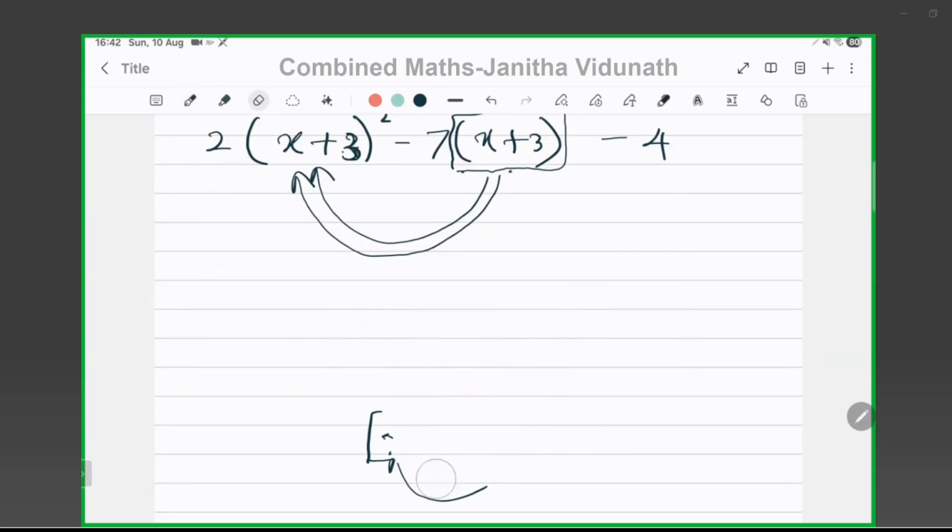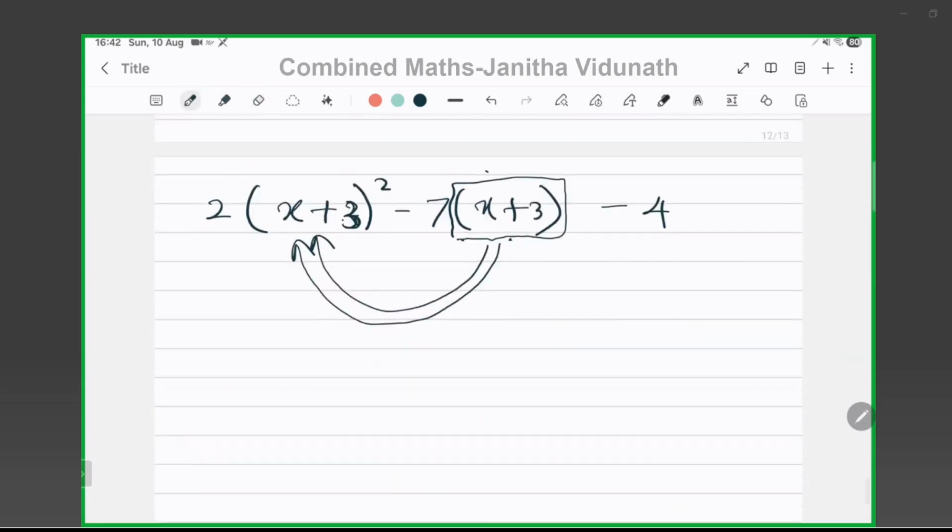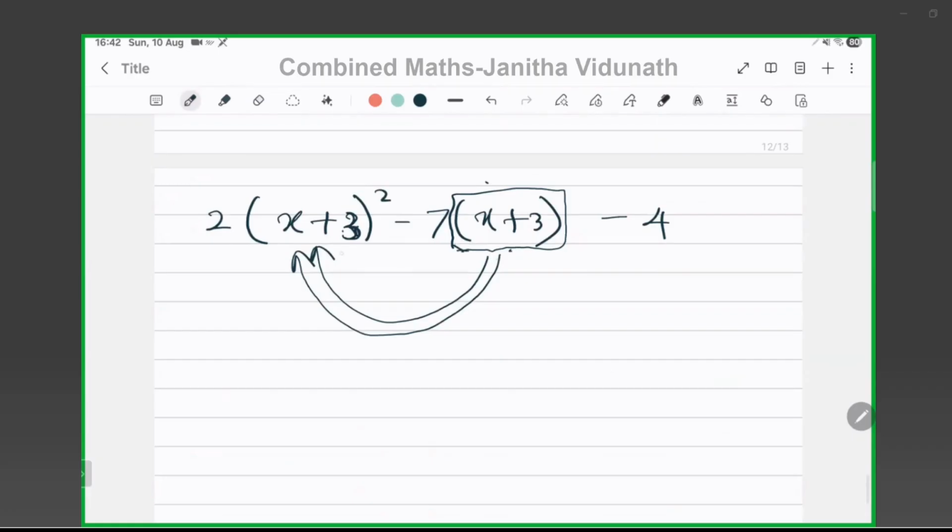Likewise, here we get x plus 3, and here we get x plus 3 whole square. We can think of this as one variable, like t or capital X or any variable.